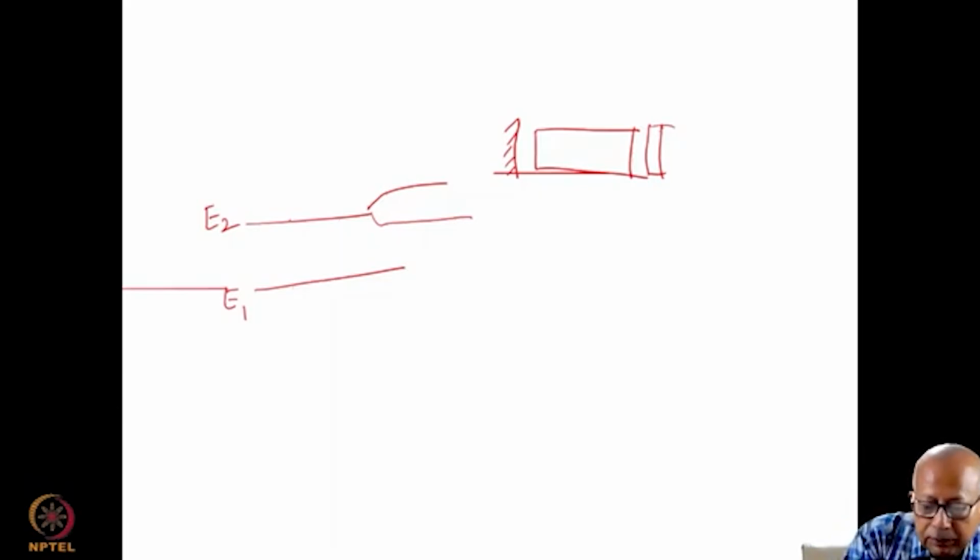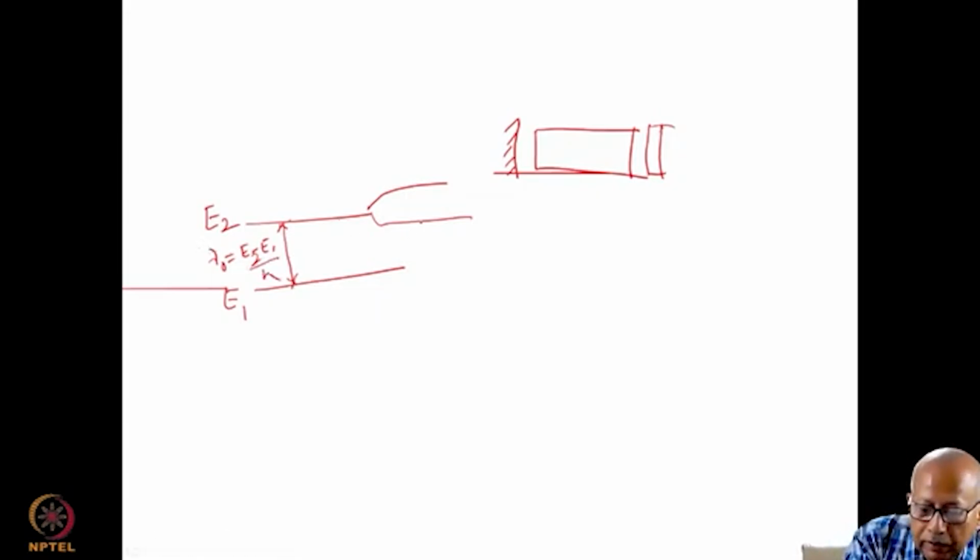That is because the gain does not occur only on the frequency which we call the line center frequency. If nu 0 is the line center frequency, then h nu 0 will be equal to E2 minus E1, or in other words, nu 0 will be equal to E2 minus E1 by h.